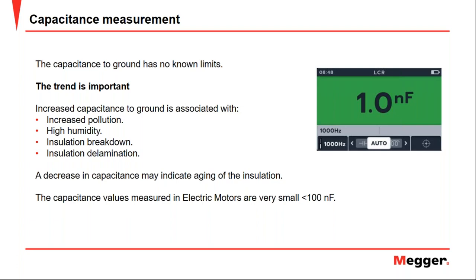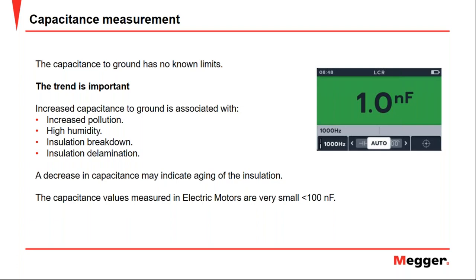If we detect an increase in the capacitance to ground, this is associated with increased pollution, high humidity, insulation breakdown, or insulation delamination. But on the other hand, a decrease in the capacitance to ground may indicate aging of the insulation.